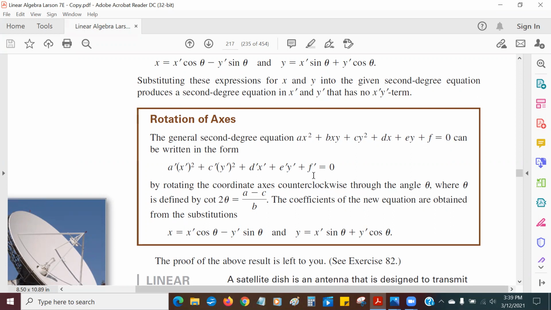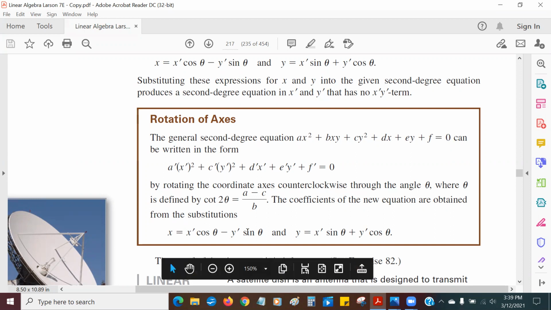Prime just means a new a, and a new x. So a prime through f prime are just different constants, and the y prime and x prime are these guys right here, based on what we just did. And notice that there's no b, and there's no xy term.